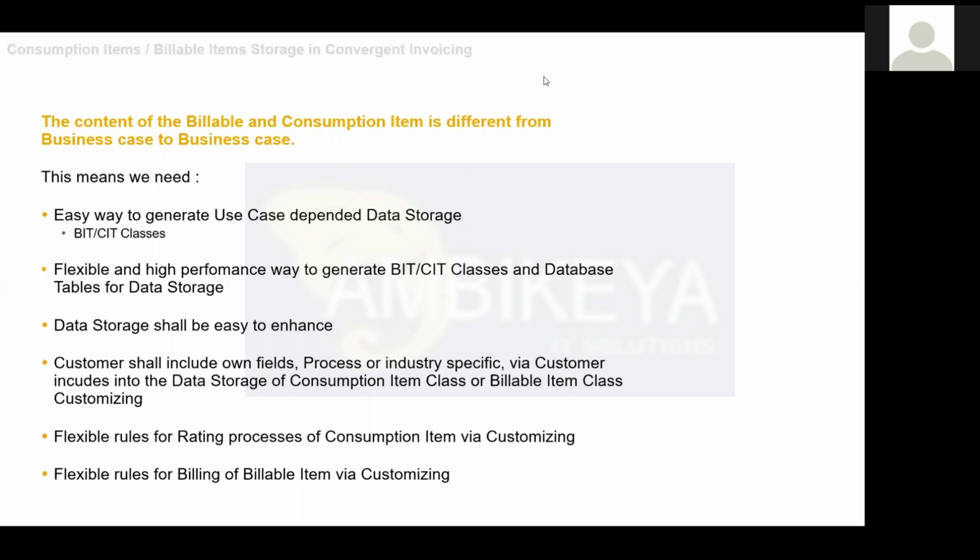This is also possible in a customized way for the industry-specific processes, because you are easily able to add, with the help of customer includes, customer fields to the general class structures. So with customer fields or industry-specific fields, with customer includes, you are able to design your data storage of consumption item classes and billable item classes as you want.